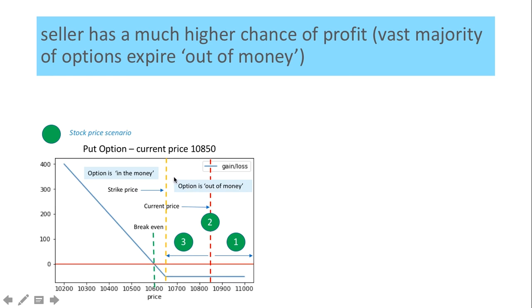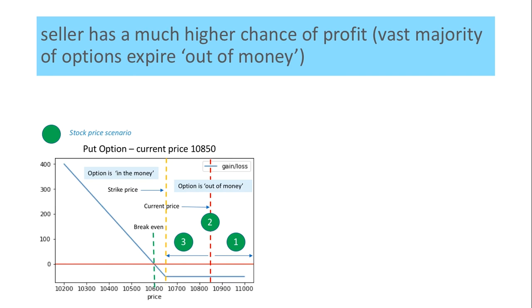And even if this option were to get in the money, that is, the spot price falls below the strike price, as a seller, I'm okay till my break even point. So unless and until the index is really trending, a seller by and large ends up benefiting because the option is highly likely to expire out of the money.